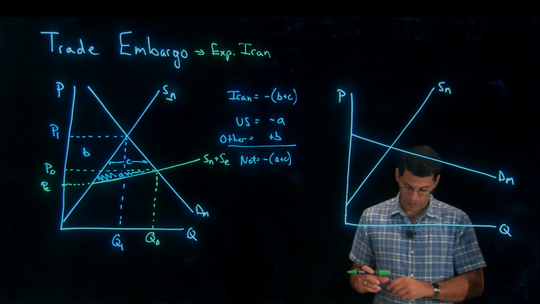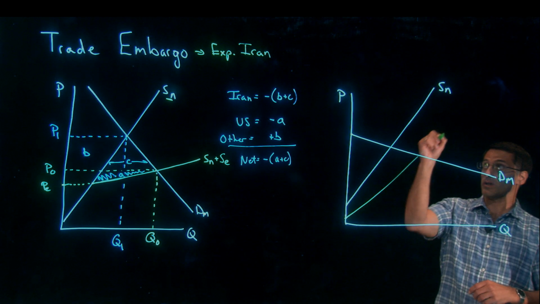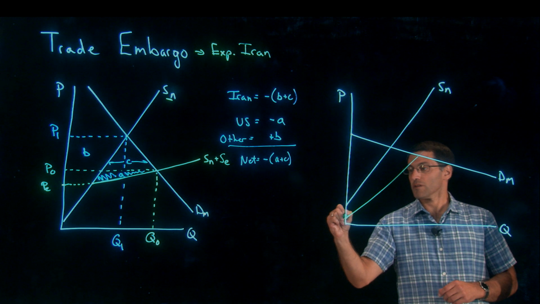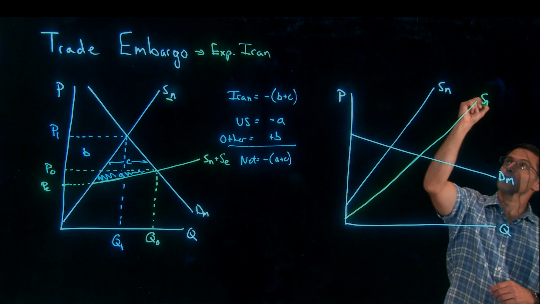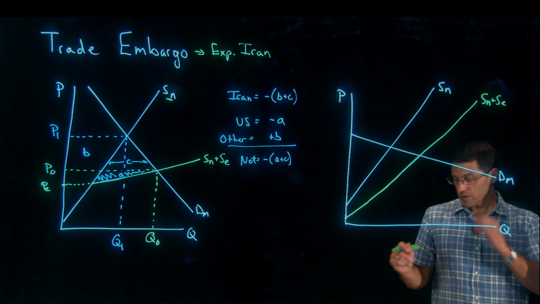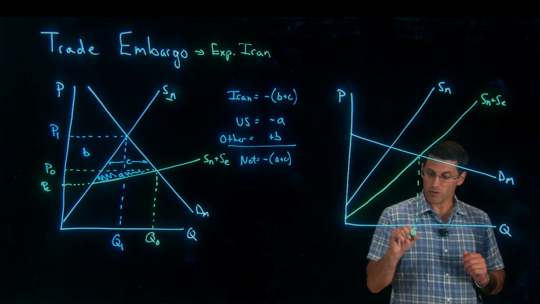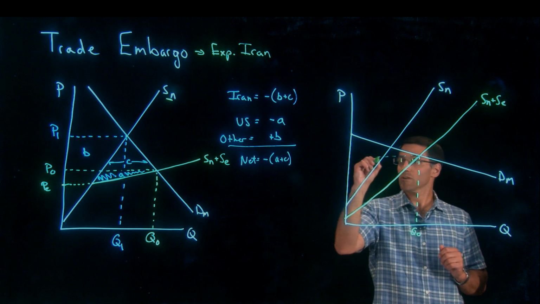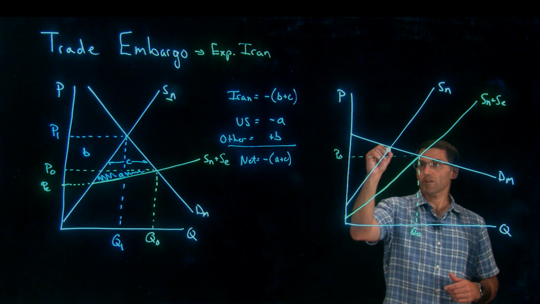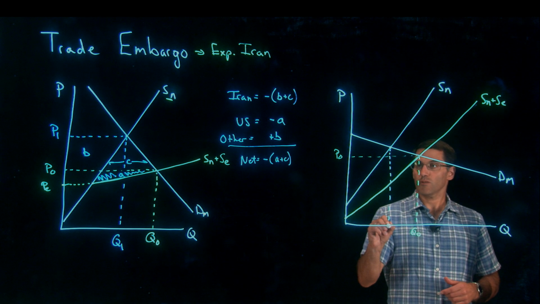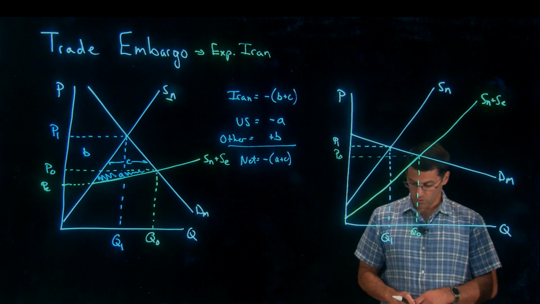And here we're going to have our supply curve from the embargoing countries, or we're adding in the embargoing countries. So this is the supply from all sources. And so initially, if you go back, here's our P0 and Q0. But then when you put the embargo in place, we're going to have this higher price and a much lower quantity.